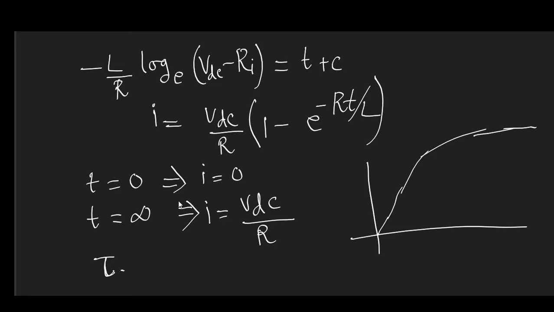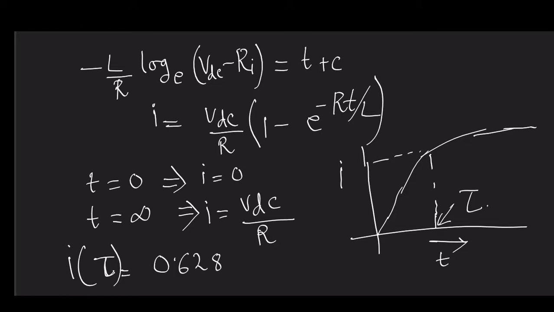Most of the time we define it as tau, although you must know all these things, but still I am telling you, this tau we should define as the time taken by a rising curve to reach, at time tau, because here the final value is VDC by R, it should reach 62.8% of its final value.